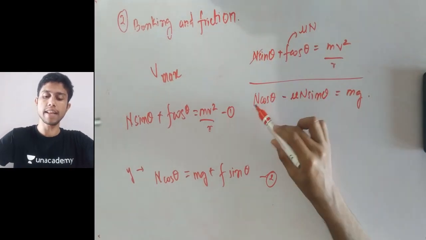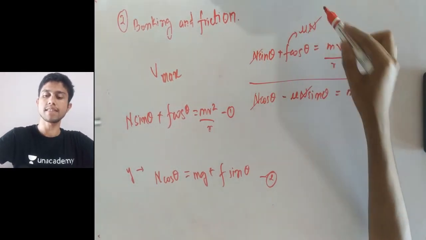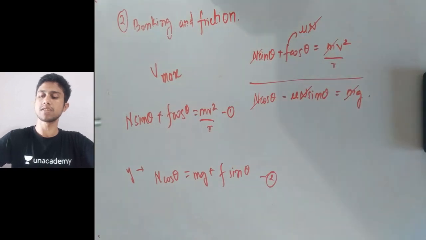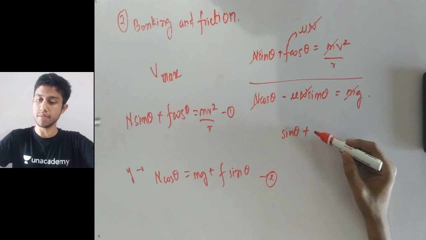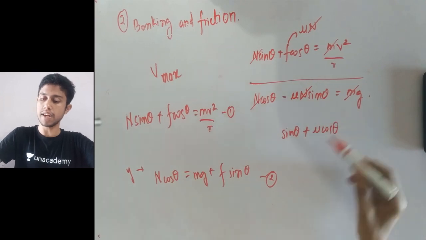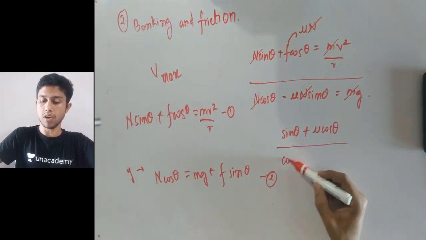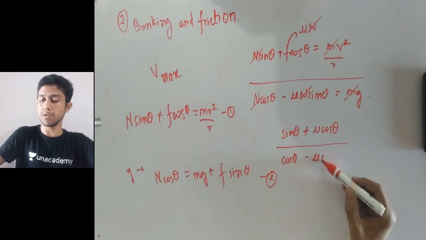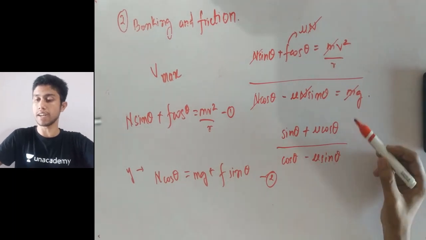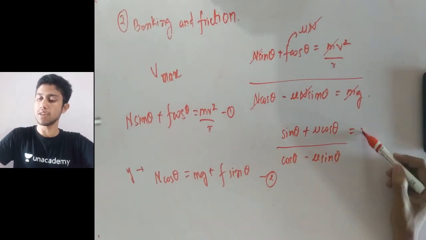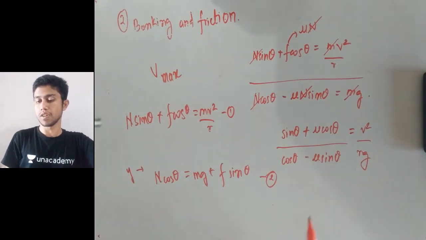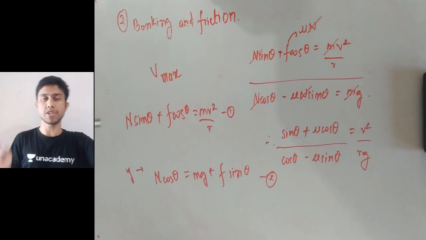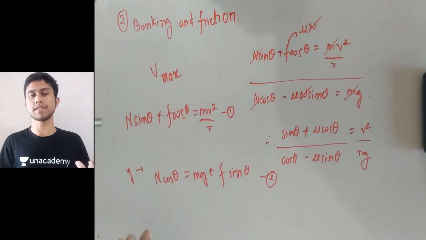I can see N is constant, I'll cancel N. M is constant, I can cancel m. So it is sin theta plus mu cos theta upon cos theta minus mu sin theta equals v square by rg.